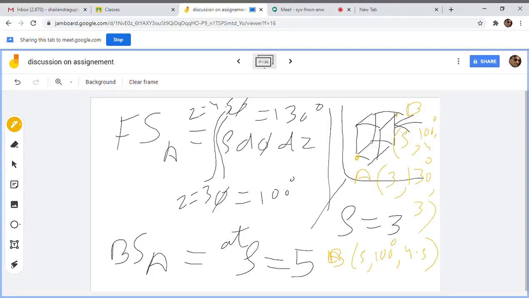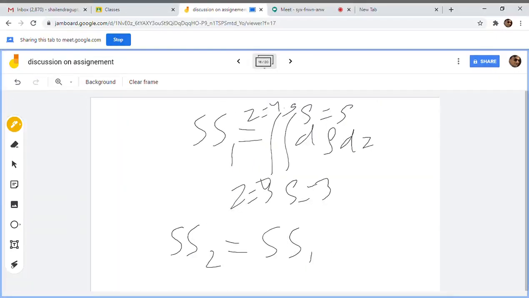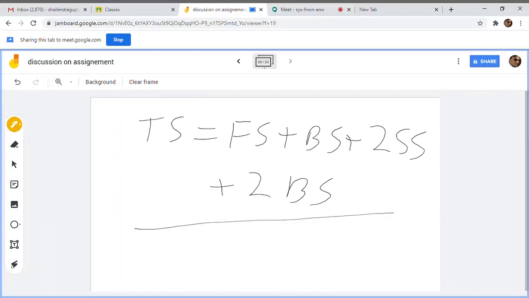Now just write down the equation of AB. AB will be the final point minus the initial point. First, the distance in rho: 5 minus 3.